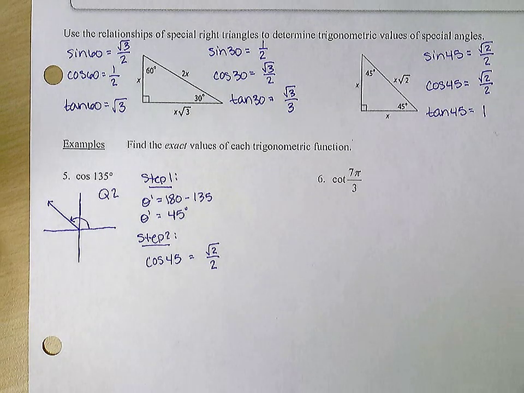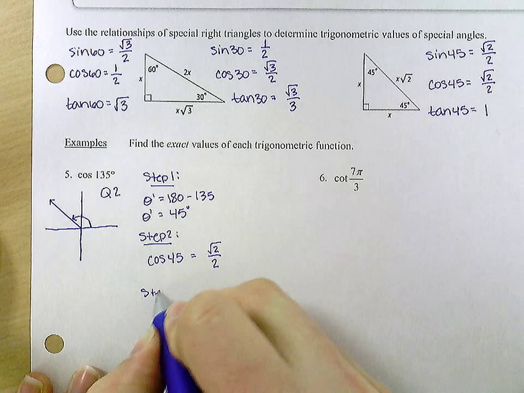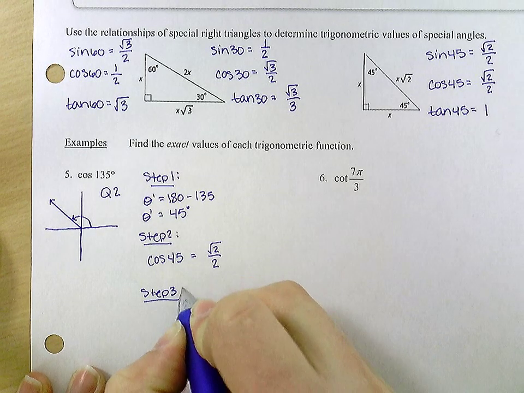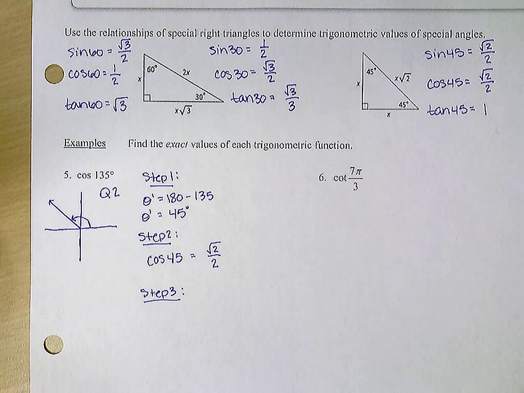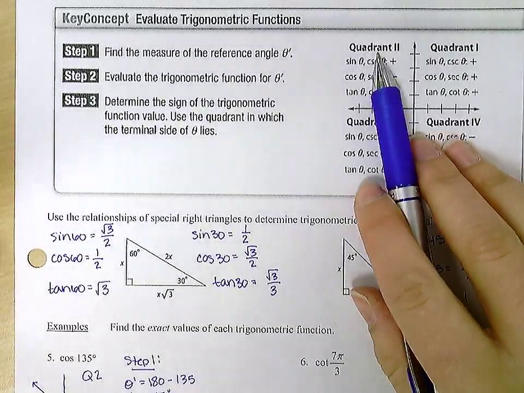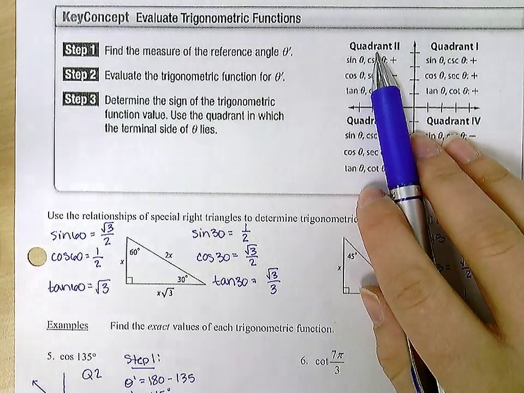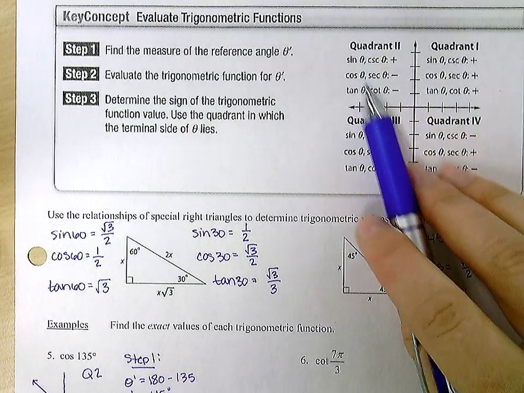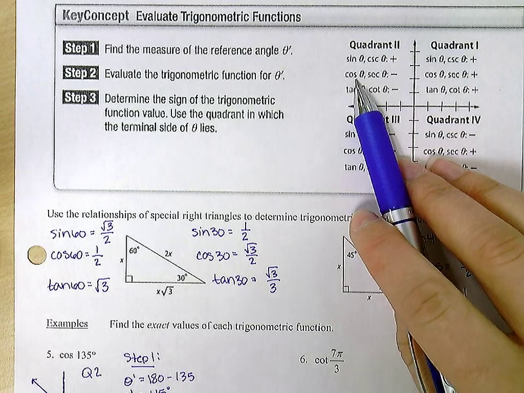Okay, last step, step 3, is to see which quadrant my angle is in. Which quadrant are we in? 2. So I'm going to look up at my chart here. Quadrant 2, I'm finding cosine. So look for cosine. Cosine is right here.